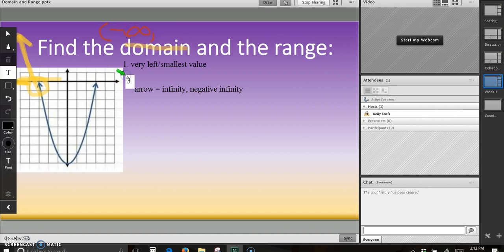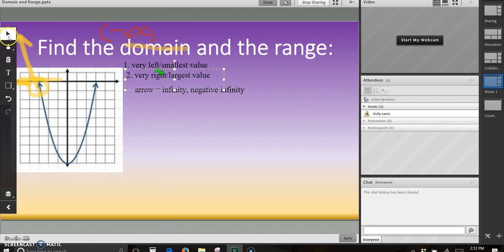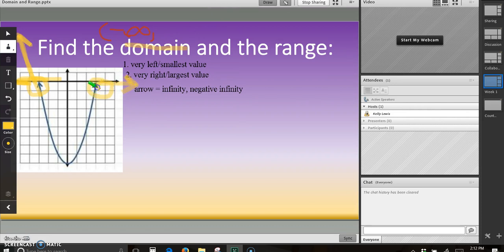Right, now we're going to go to the very right and look for the largest value. So when I go to the right, I have an arrow, and that means he keeps going this way. He goes up, so the y values get bigger, and the x values keep getting bigger and bigger.